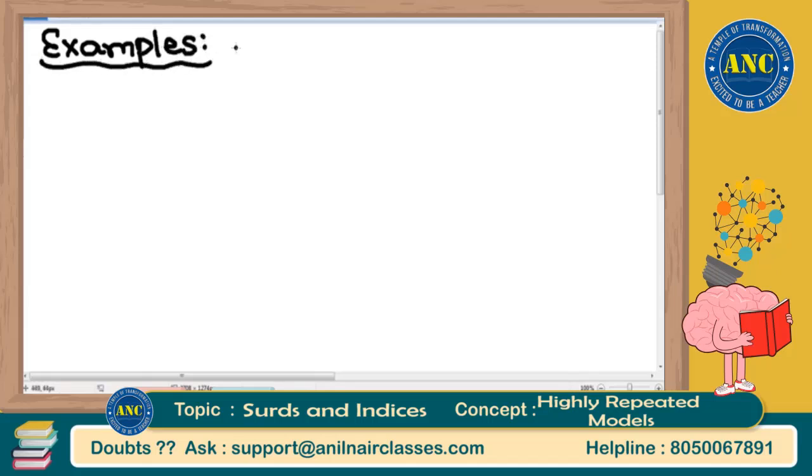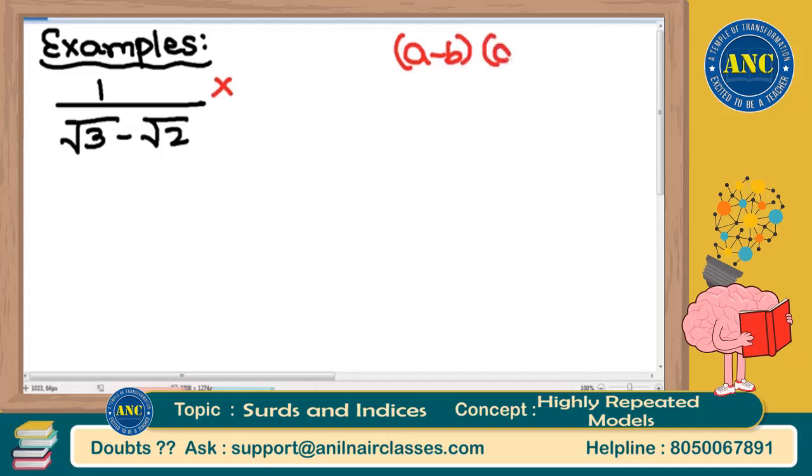Now listen carefully. Suppose for example, I have a question 1 by root 3 minus root 2. I want to rationalize it. Easy questions we will start with. First 2 to 3 problems, easy questions. Now, we know that (a minus b) into (a plus b) is equal to a square minus b square, right?